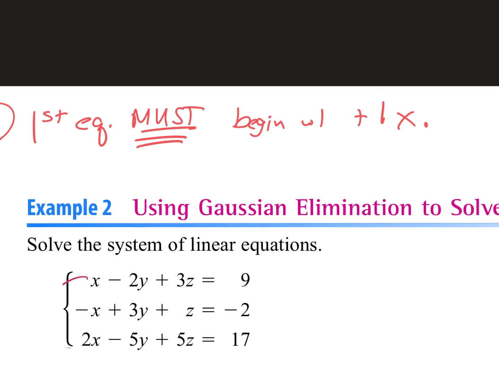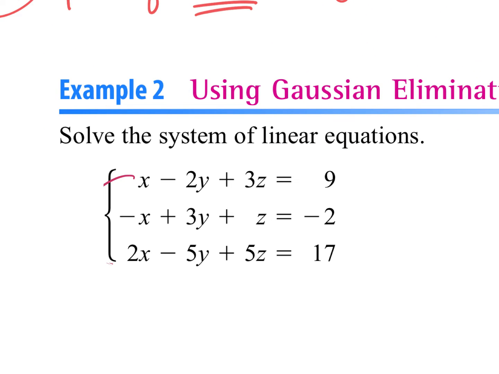All right, let's just say that this was like this. Right? The rule is you have to get the first equation to be a positive 1x. Well, none of these are positive 1x, so what would I do? Okay, I can times one whole equation by negative. What does that do? It changes all the signs, right? Perfect, good.